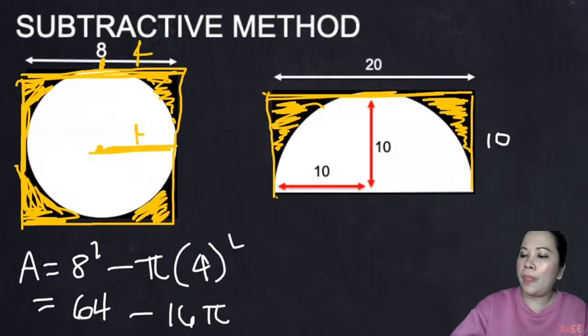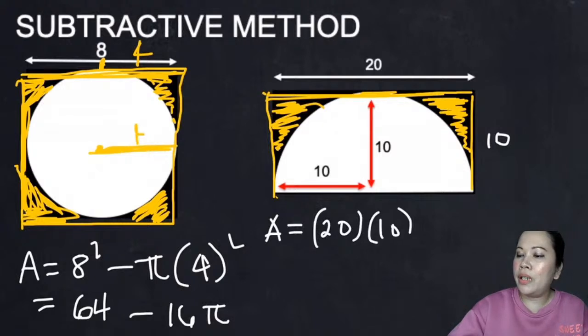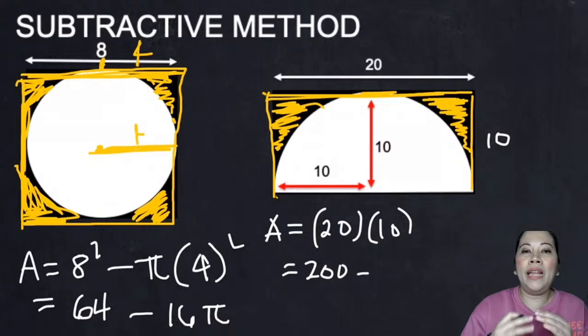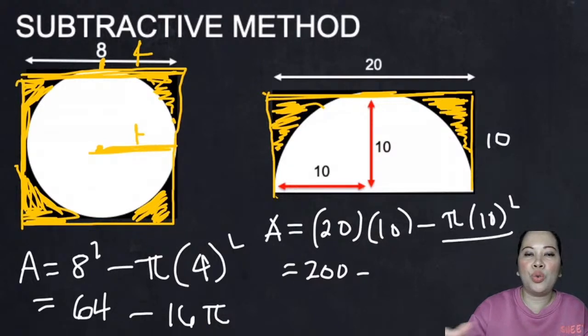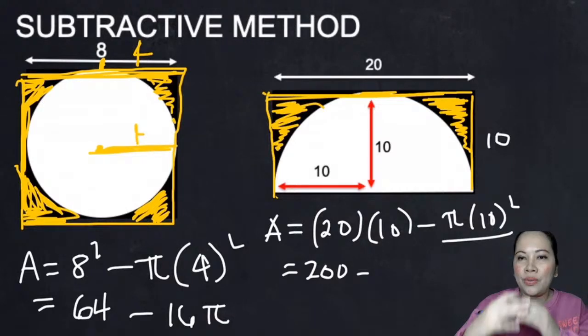So the area would be the whole rectangular shape, which is 20 by 10, that is 200. Since it's a semicircle, that's minus pi times the radius 10 squared, and then we divide it by 2 because it's only half of your circle, and pi r squared is for the whole circle.